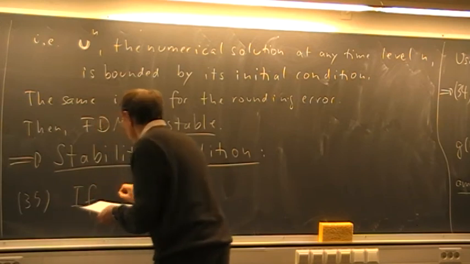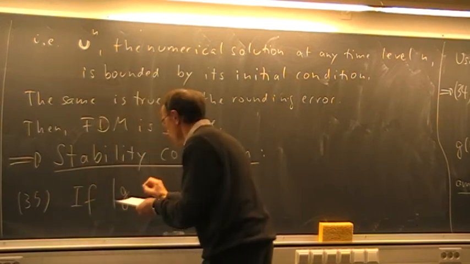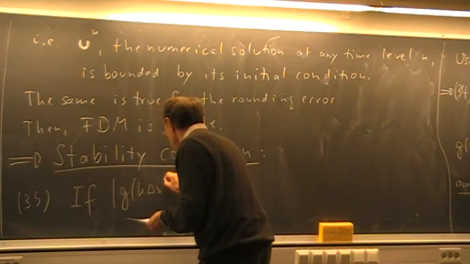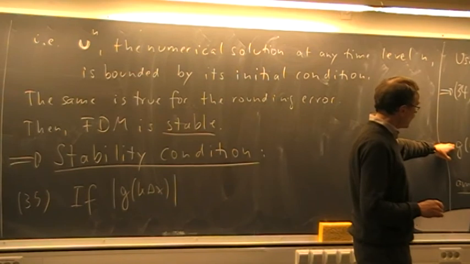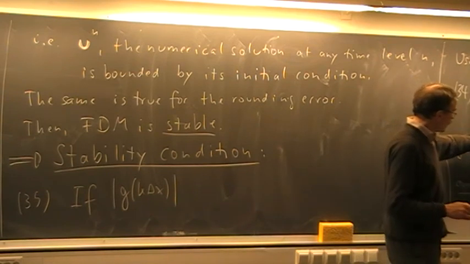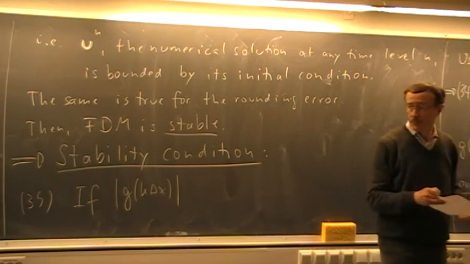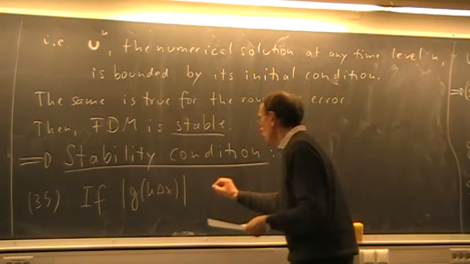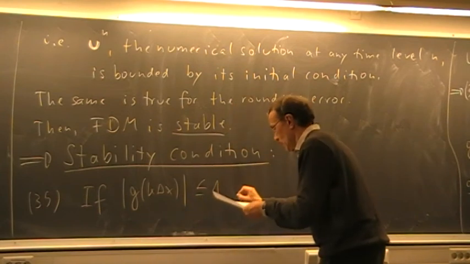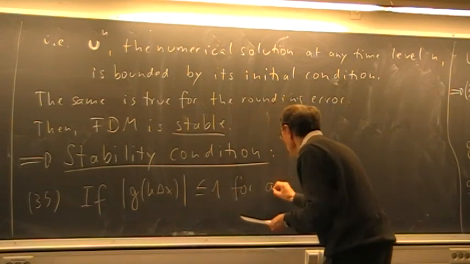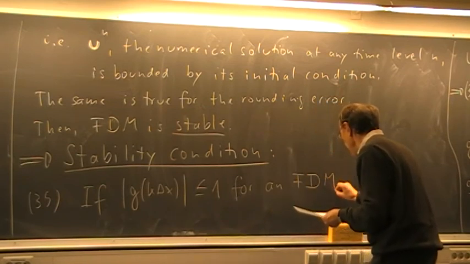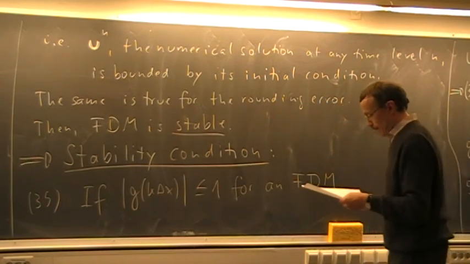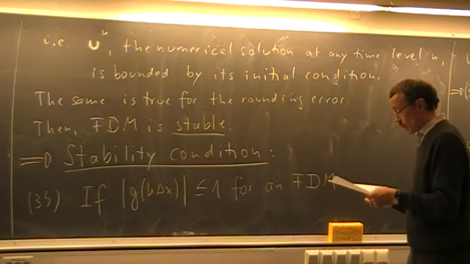If the absolute value of the amplification factor, defined here as the ratio of the Fourier mode at the new time level with respect to the previous time level, if that is smaller or equal than 1 for the finite difference method, then the finite difference method is stable.